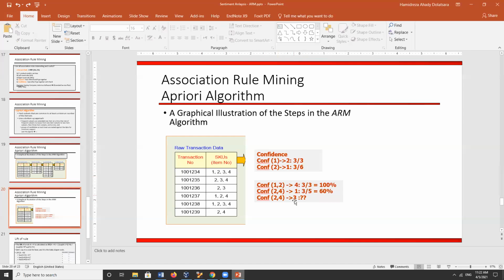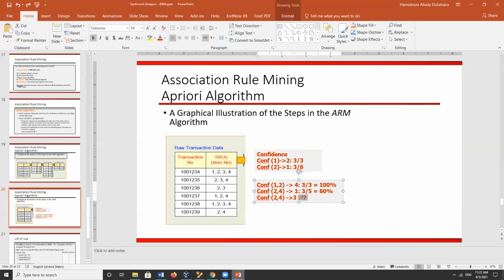And you can do the same for 1 and 2 implies 4, 2 and 4 implies 1, and 2 and 4 implies 3. So for the last one, how many times these 3, 2, 4, 3 repeated together?